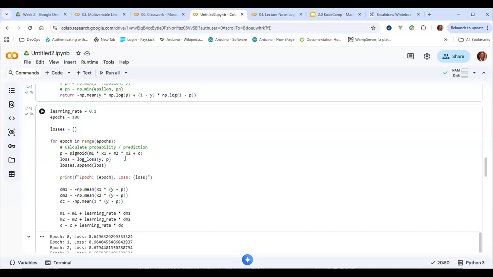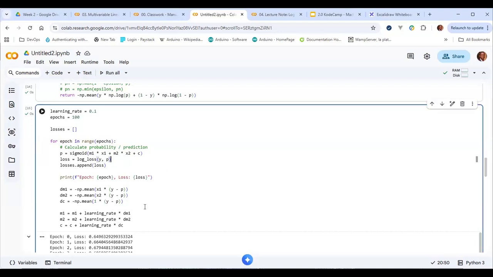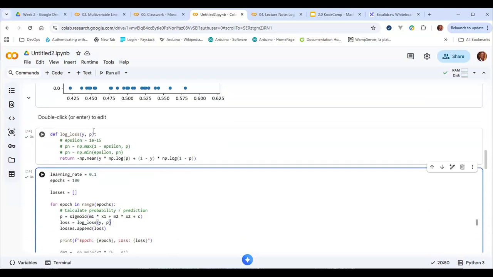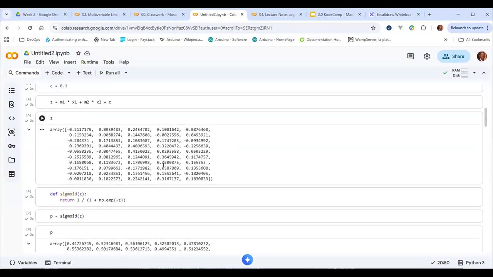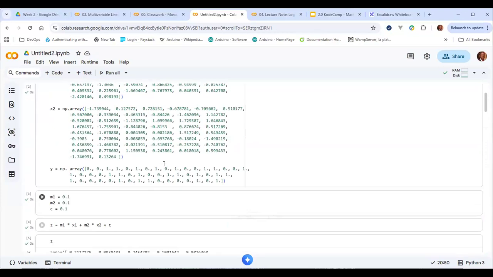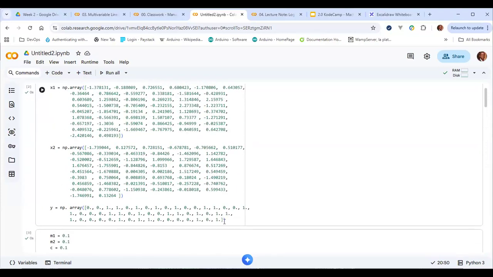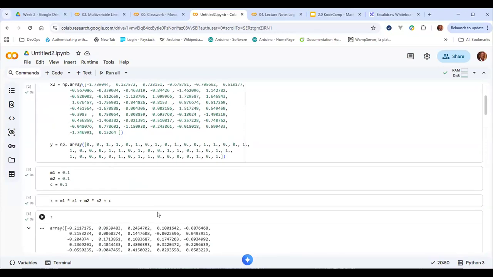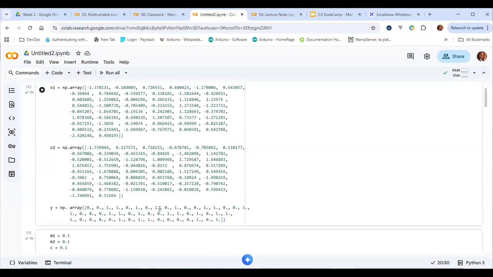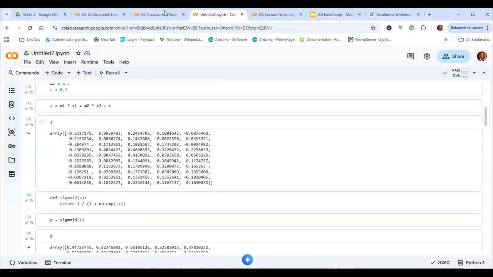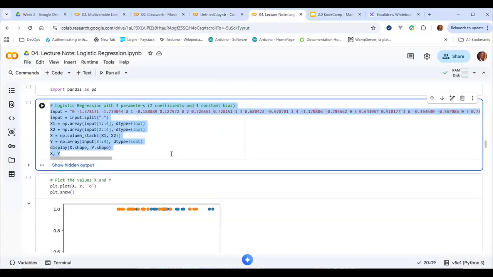I need to troubleshoot this. YP. We actually have done this.